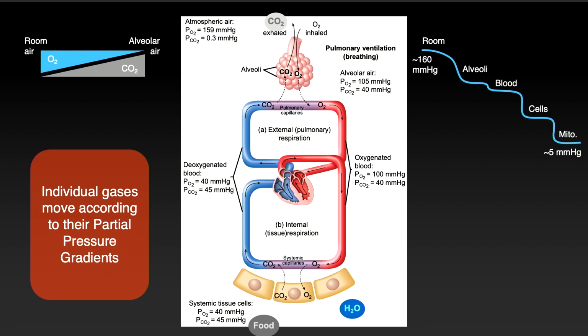So for venous blood draining a muscle, PCO2 would be higher, PO2 would be lower. All that means is that there is a greater likelihood for gases to move in more metabolically active tissues. The gradients are bigger.